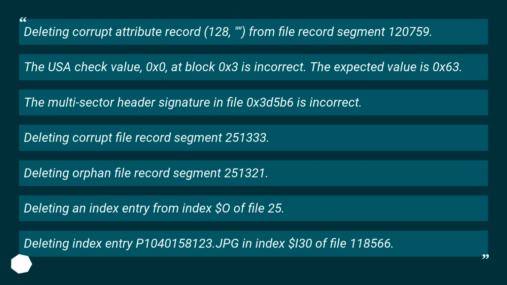Deleting corrupt file record segment 251,333. Deleting orphan file record segment 251,321. Deleting an index entry from index $O of file 25. Deleting index entry P104 on 58123.jpg in index $I30 of file 100 and 18,566.